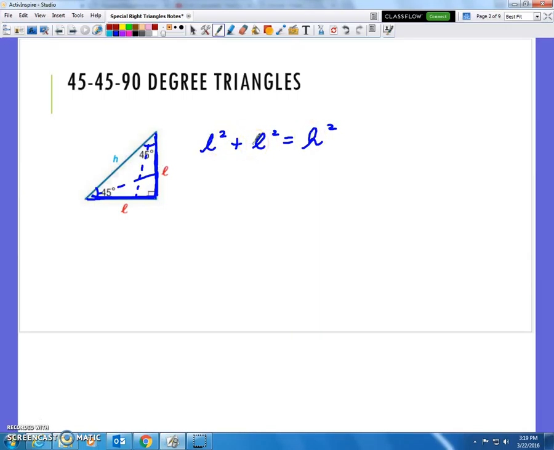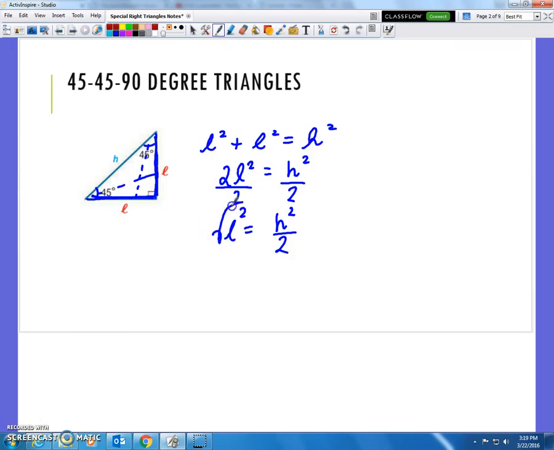And so there's a relationship between the legs and the hypotenuse. If I simplify to 2L squared equals H squared, and I continue to solve, it looks like L squared equals H squared over 2. Okay, this relationship is always 100% accurate in a 45-45-90 triangle. It's a pattern.